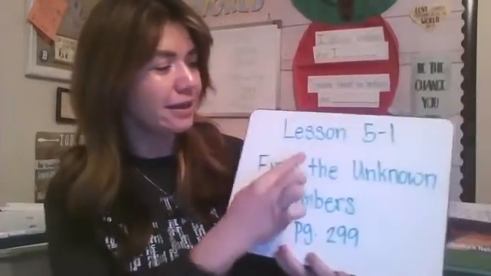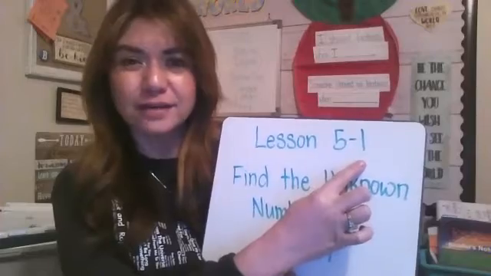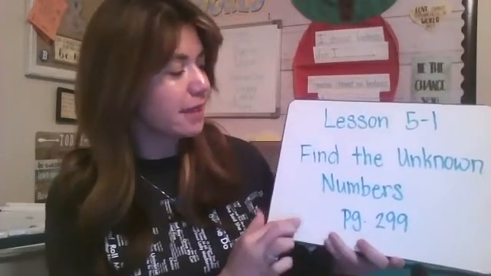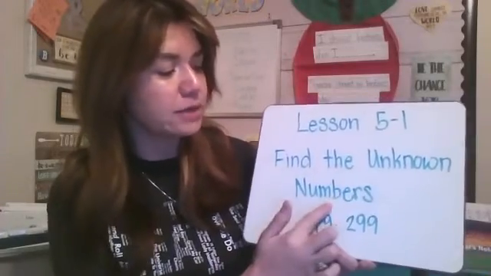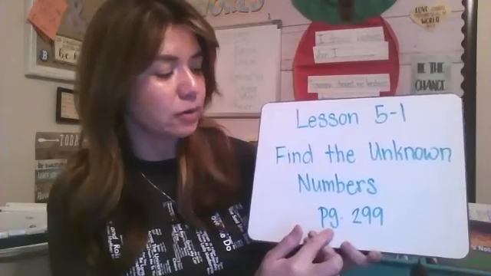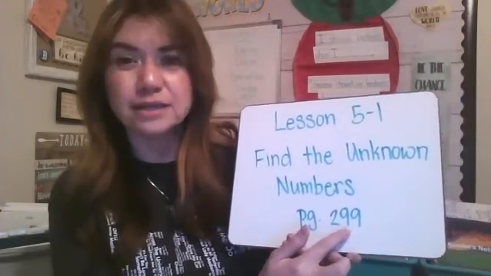We are looking at lesson 5-1 for this lesson. They're going to be asking us to find the unknown numbers, and we're going to locate that on page 299 in our math books. So if you need time to take out your math books, you can go ahead and do that now.